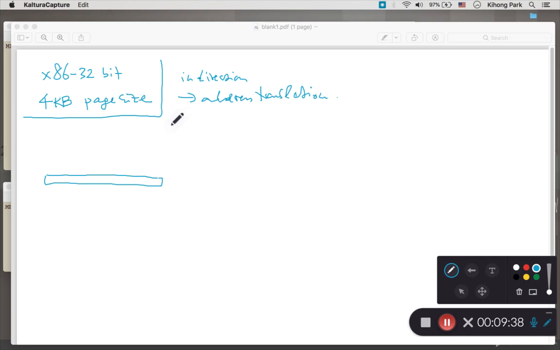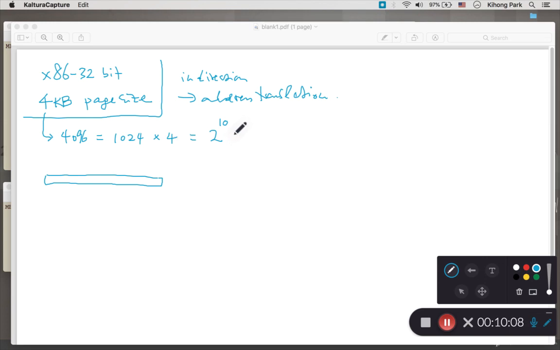And assuming that we have this size, 4 kilobytes, this is 4096. So now we have to be precise. That's going to be 1024 times 4. And that's going to be, so this is about 1,000, that's 2 to the 10.